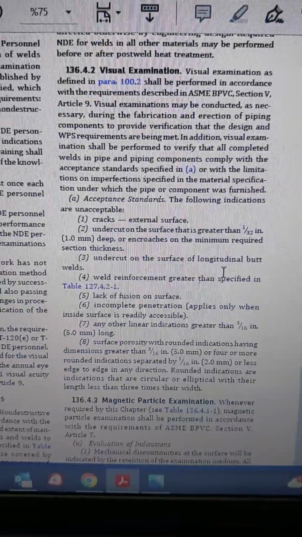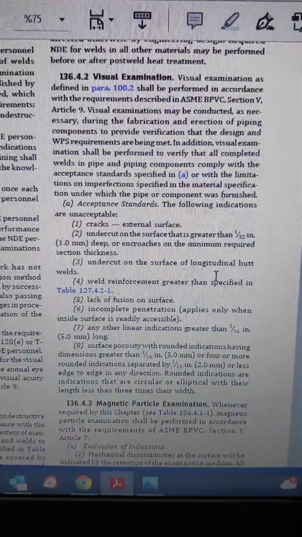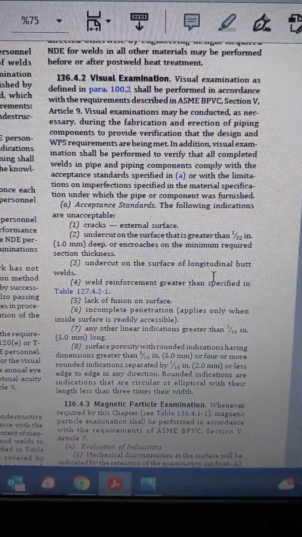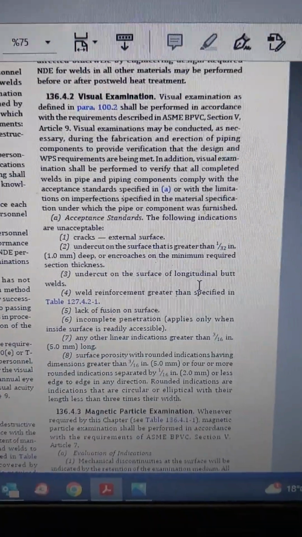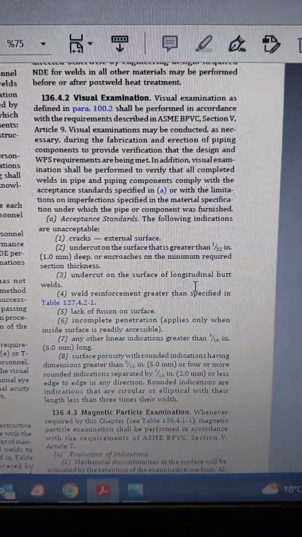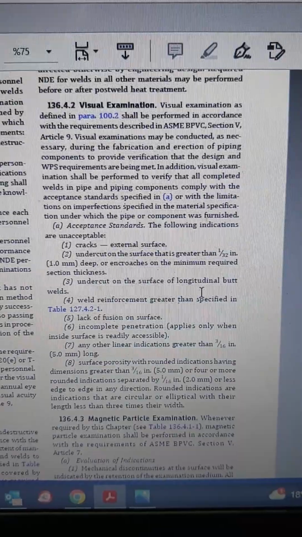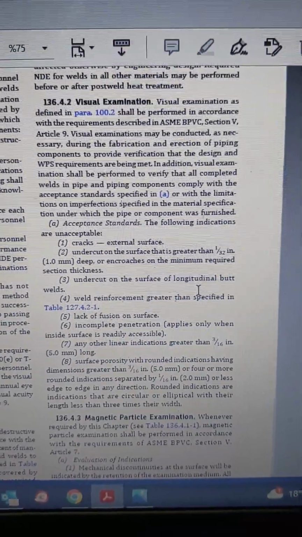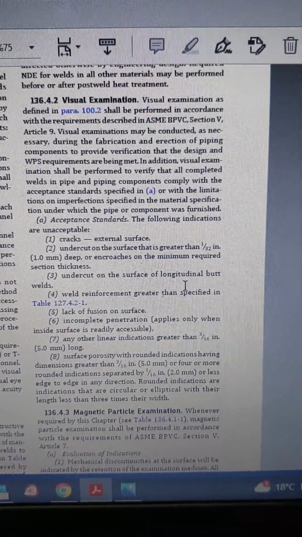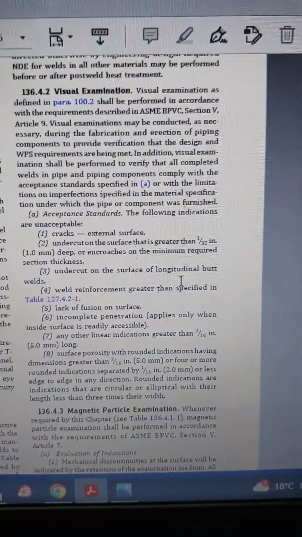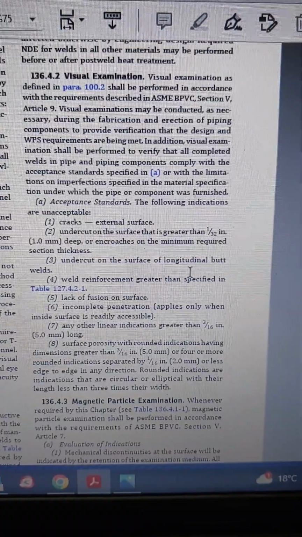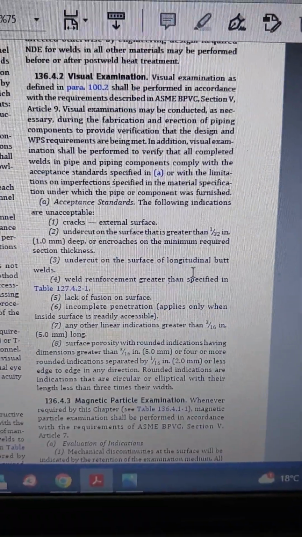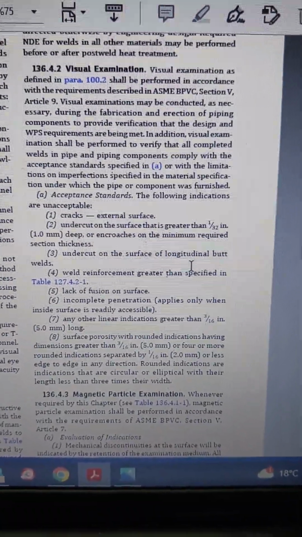For the power piping, we will understand the visual examinations and, as per table 136.4.1, the minimum NDT examination requirements. We are going to start with the visual examinations.